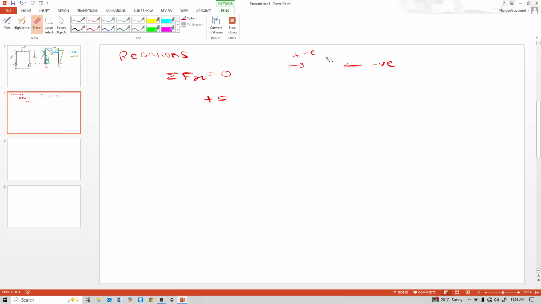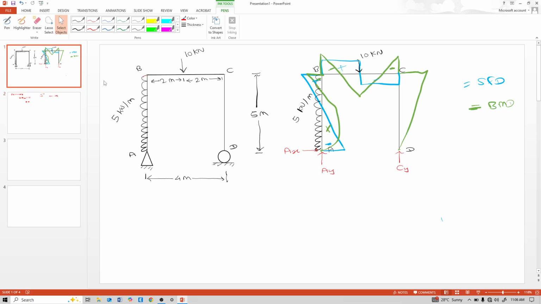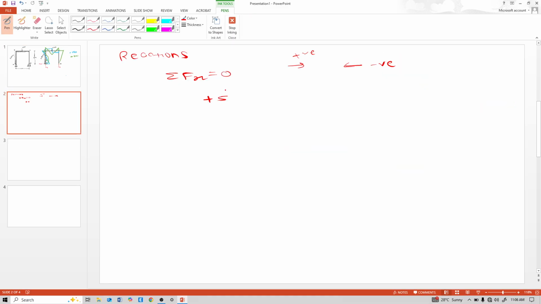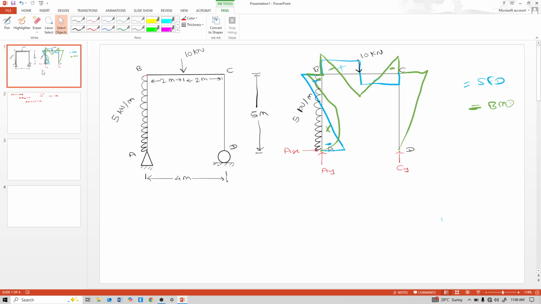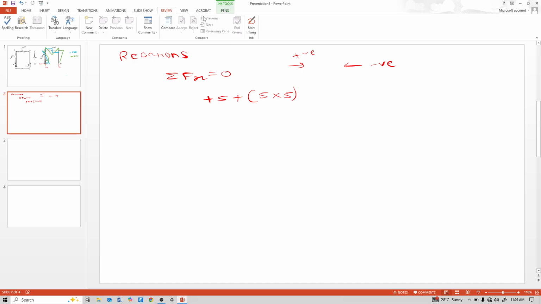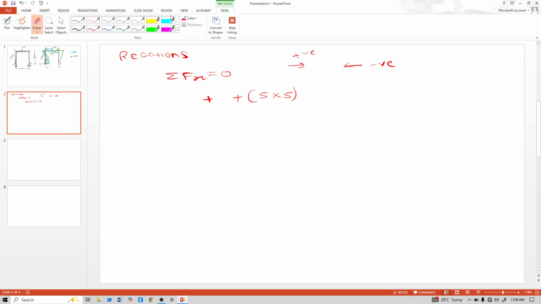So Ax is positive and 5 into 5, positive 5 into 5 equal to 0. So positive Ax is equal to minus 25 kilonewton.